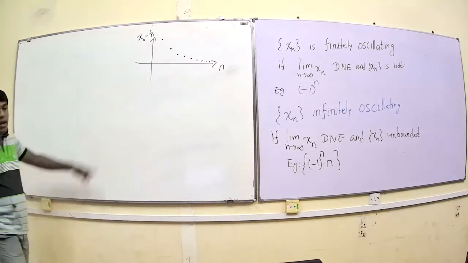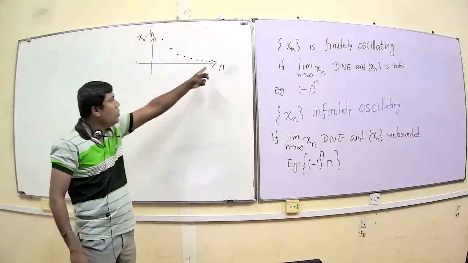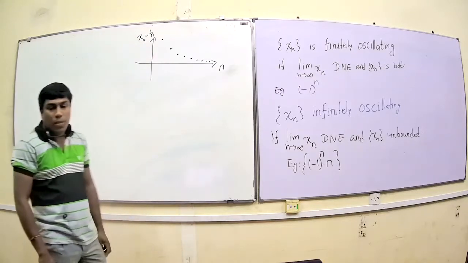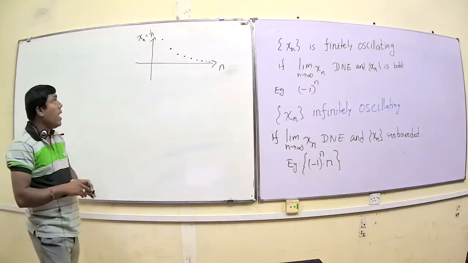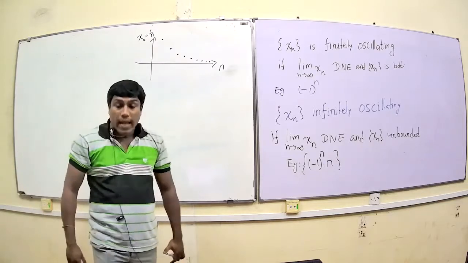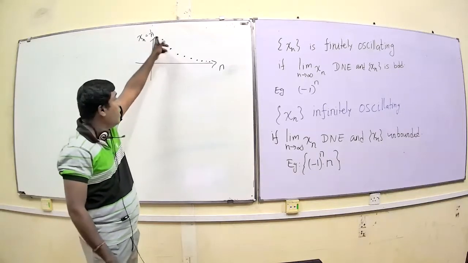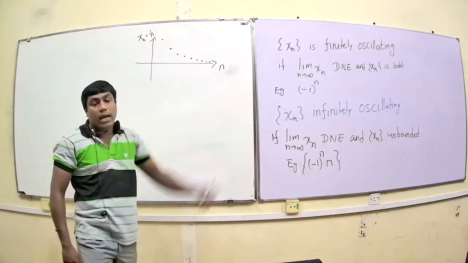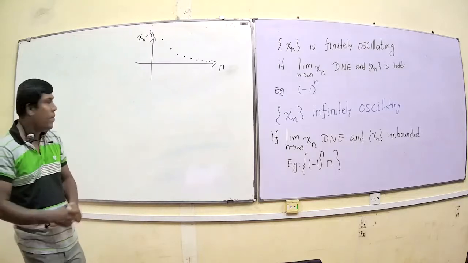The sequence will converge to 0. If you draw the picture of 1 upon n over n, you can see that it is a sequence which will converge to 0.